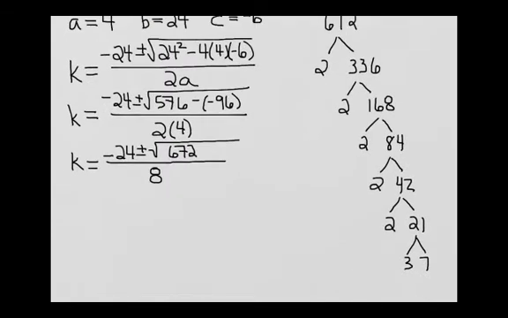So we'll do that over here. K is going to be equal to negative 24 plus or minus the square root of 2 to the 5th times 3 times 7, and I can check on my calculator and see that I really do get 672.